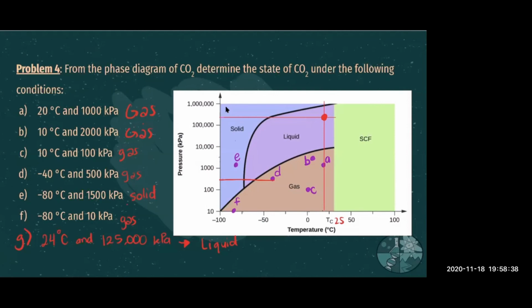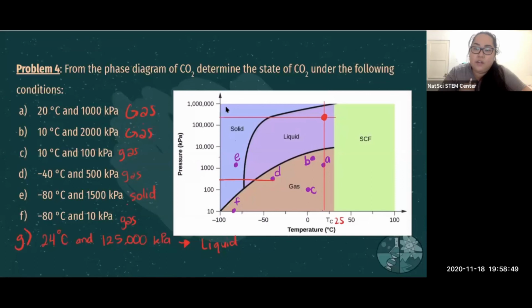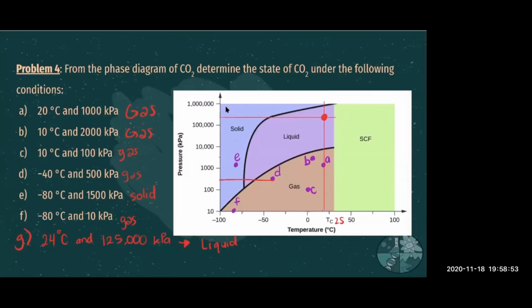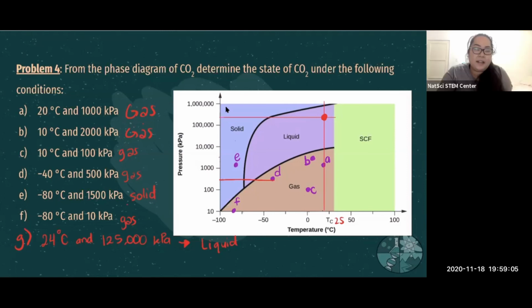But for a test, usually they give you this information, right? Yes, they'll give you the graph and ask you to look at it. They give you the labels of supercritical fluid, liquid, solid and gas. They will label all of this, right? Typically, yes, or sometimes they'll actually ask you to label.